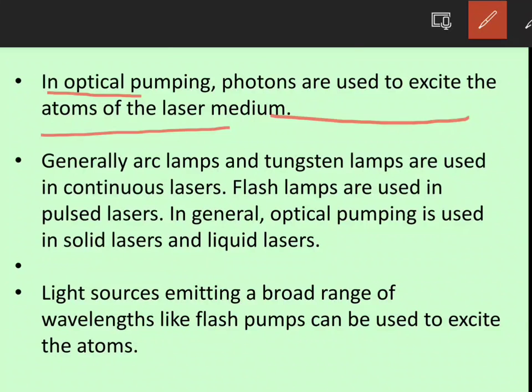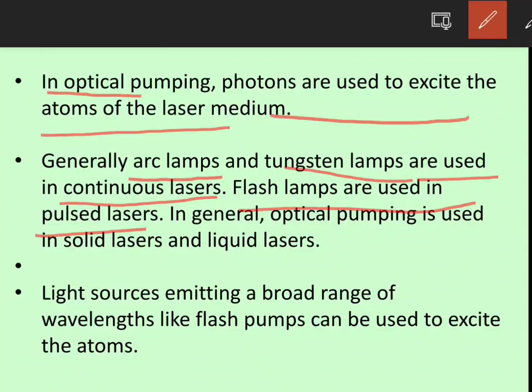Generally for this optical pumping method, arc lamps and tungsten lamps are used, and in this process the output laser is in continuous mode, whereas when flash lamps are used, the output laser is in pulse mode.